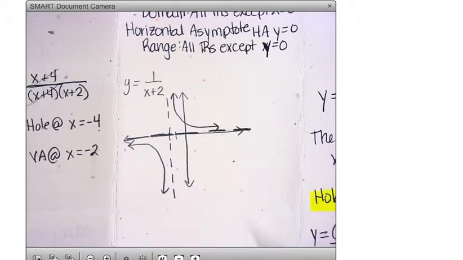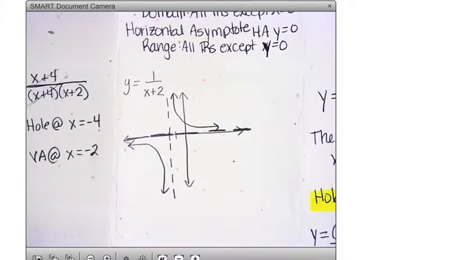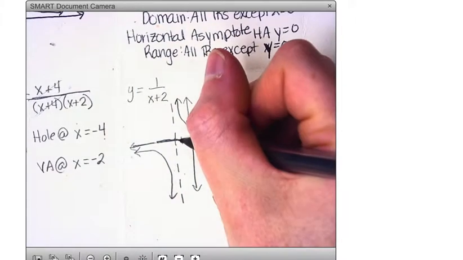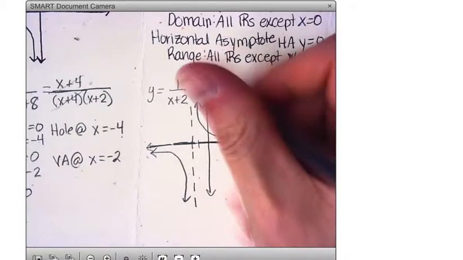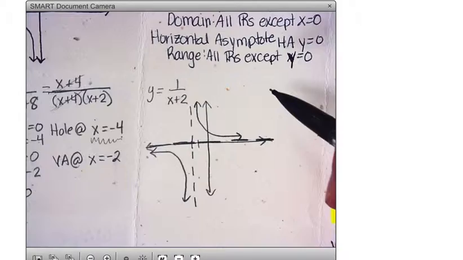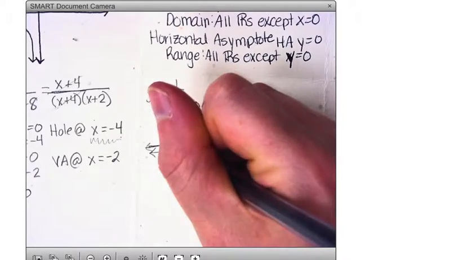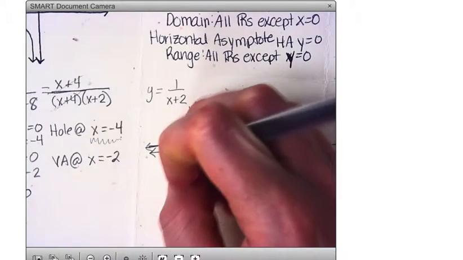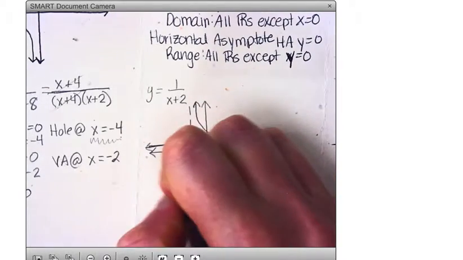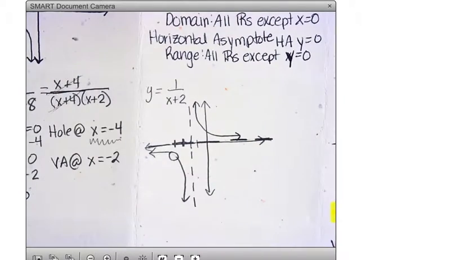What have I not dealt with? The hole. Where does a hole happen? At -4. So when x equals -4, which would be right here, there is a little jump in that graph, and it's a hole. So there's just one little ordered pair missing. Does that make sense?